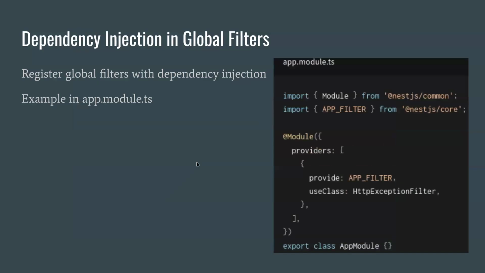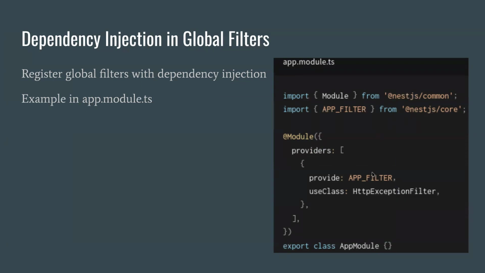Dependency injection in global filters. When registering global scope filters, especially when they require dependency injection, you should register them within a module using the APP_FILTER token in NestJS core package.